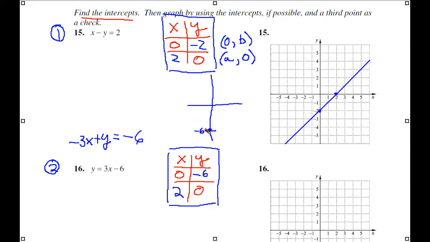And then 2, 0. It's right about there. And then this will be my graph. So, again, I ran out of room to do it there, but that's what it looks like. So let's take a look at something here before we go on. If I can get my pen back here.